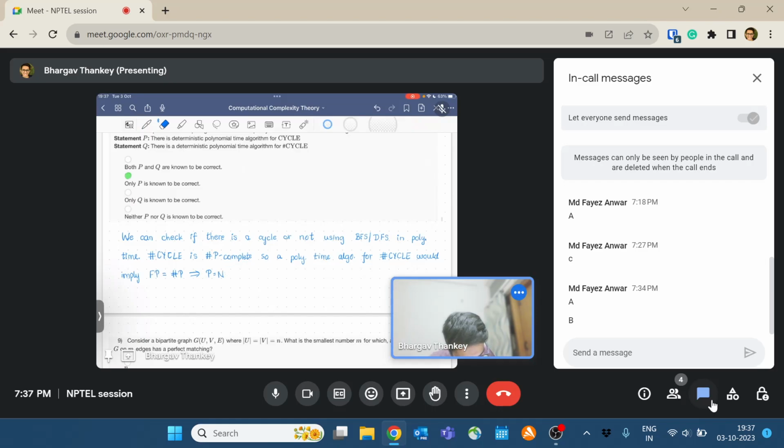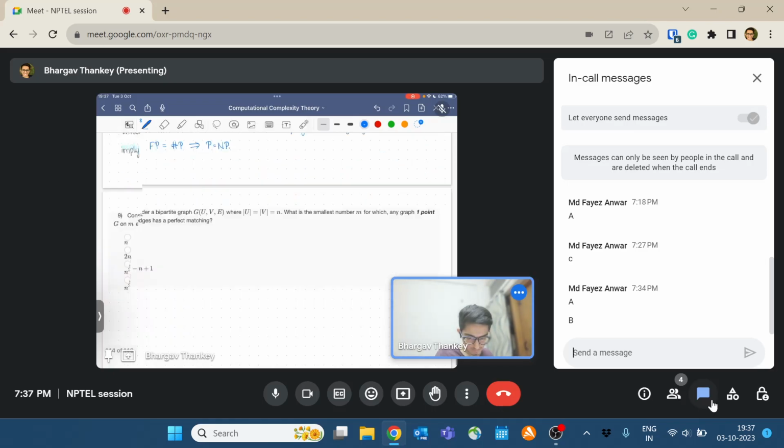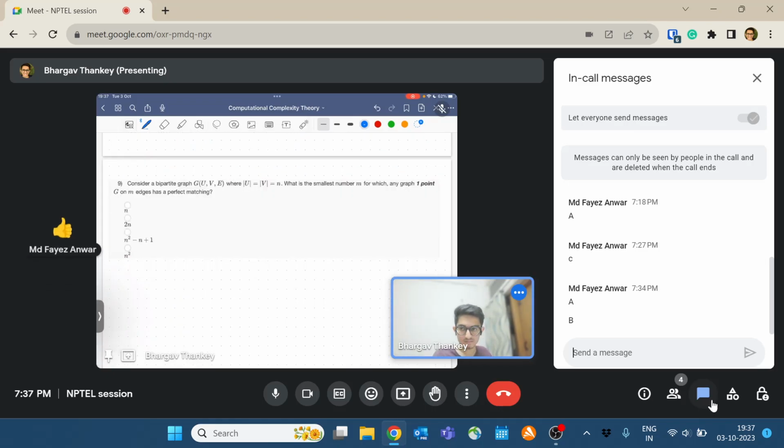Yeah, and since as of now we don't know whether P equals NP or P not equals NP, right now we do not have a polytime algorithm for #Cycle, and we also believe that there is no such algorithm. So is this fine? Okay, so then let's look at the next problem.